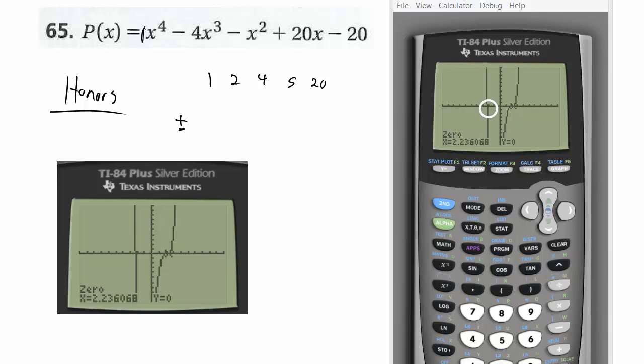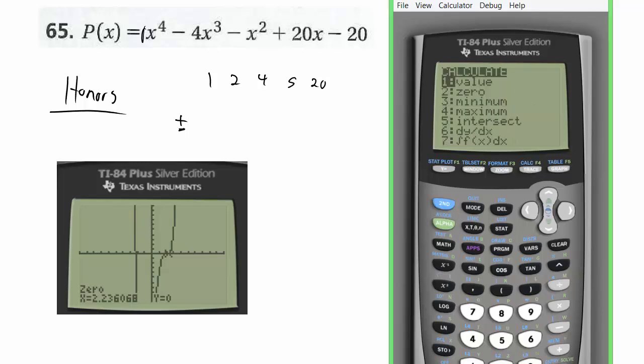This one looks like it's really close to -2, but I'll do second calc 0 just to be sure. And I'll do that one that's on the left of the y-axis there. So it hops really quick. So left bound there, right bound there, and that one comes out to that same number, but it's just negative. So that seems to be the conjugate of an irrational number there.